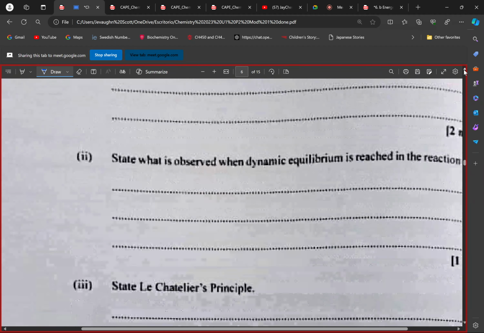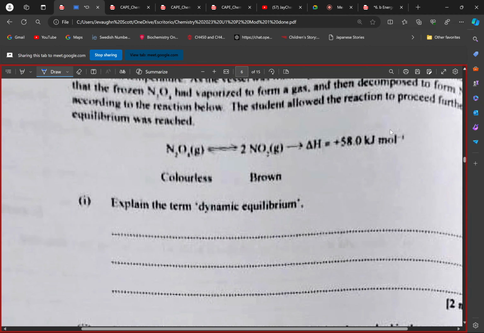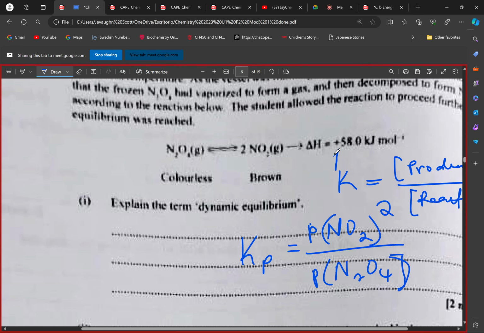Hold on. Okay, hold on. So what does this mean? This positive value here, what does that mean? It's an endothermic reaction, right? And as this is endothermic, yes?